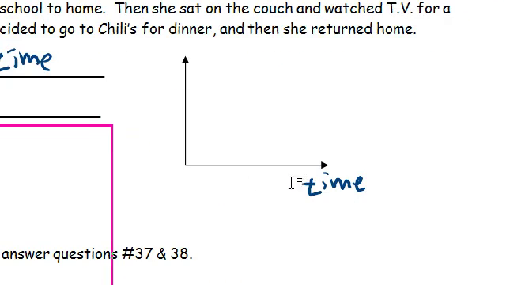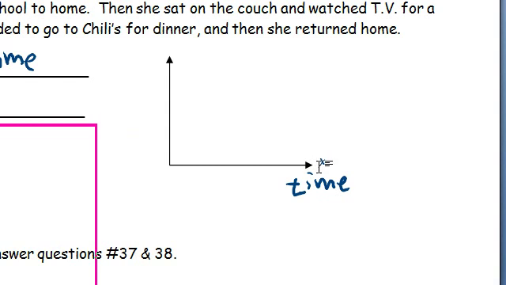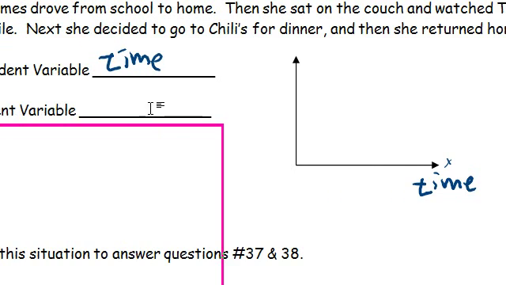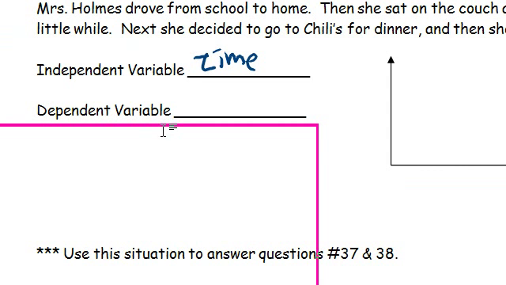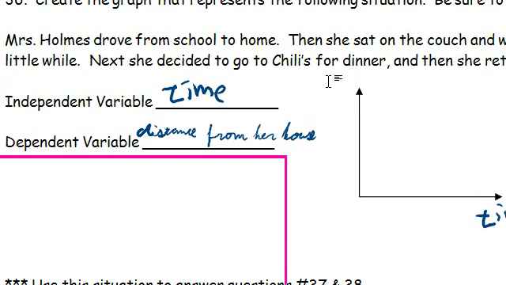So we'll label time on our independent axis, our x-axis. And our dependent variable is the distance from her house. And so that's what this axis should be.